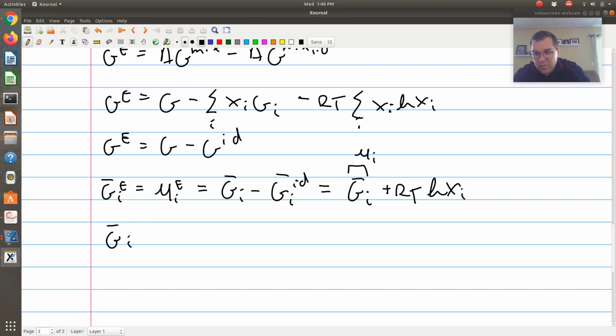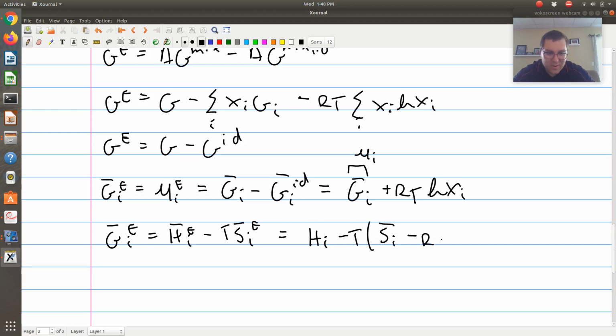Another way would be G bar i excess. So G is H minus TS, and so that would give you Hi minus T, and then S bar i excess was S bar i minus R log xi.